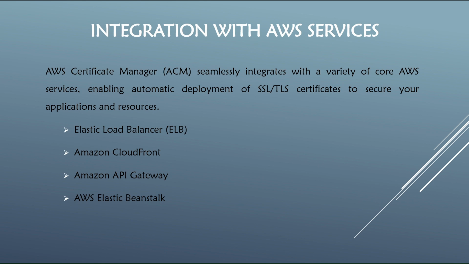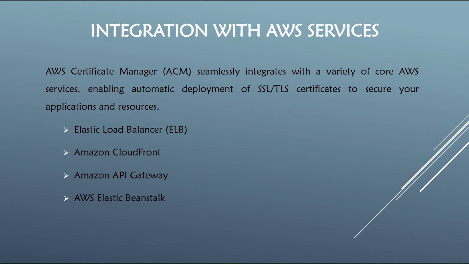When it comes to API Gateway, it's a fully managed service that allows you to create, publish, maintain, and secure APIs at any scale. It's commonly used for building and managing RESTful APIs for web and mobile applications. So how is it integrated with ACM? It provides encryption for APIs, easy setup and management, and automatic certificate renewal.